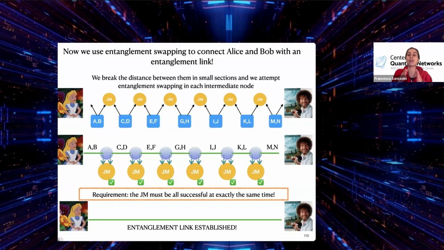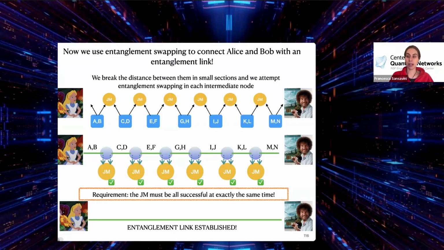It will just need to cover an intermediate distance just to go over to the next yellow dot here, the next joint measurement. So we need to have many entangled pairs and many intermediate stations. The requirement here is that this joint measurement will need to be successful exactly at the same time.